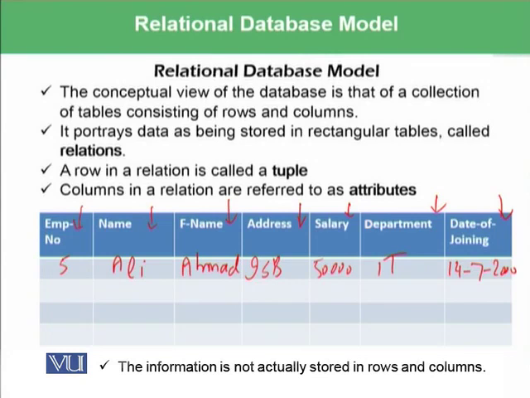So this one row will be called a tuple. So each row in this relation will be called a tuple.